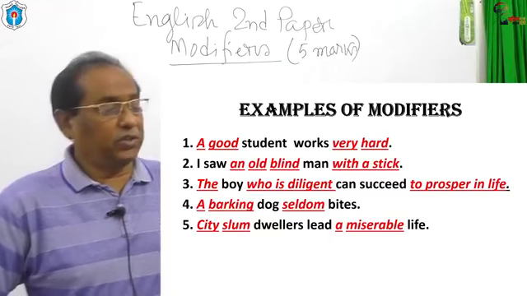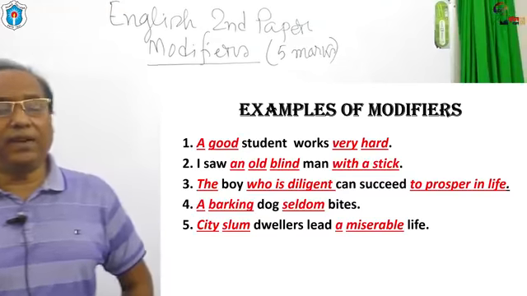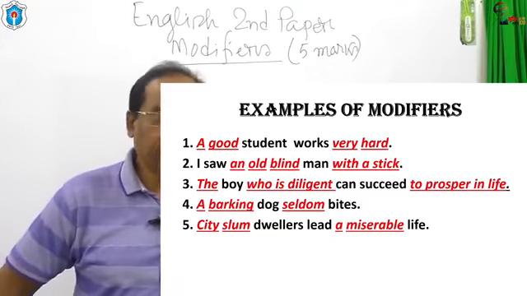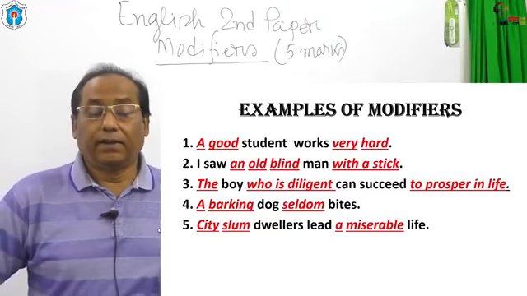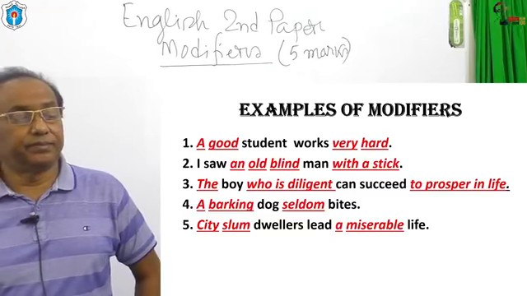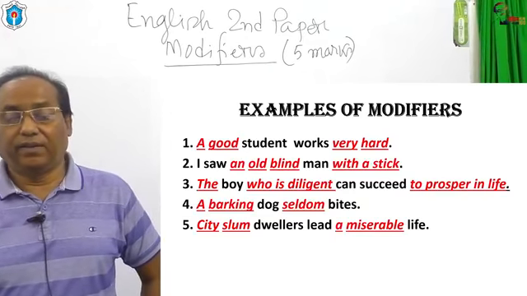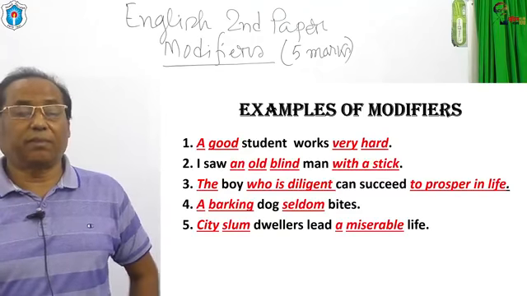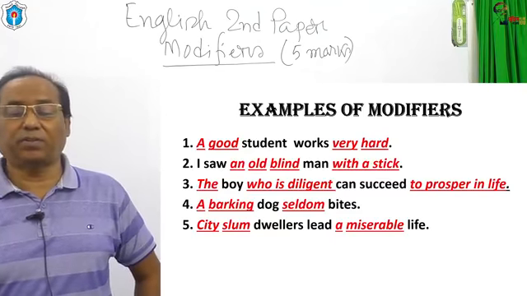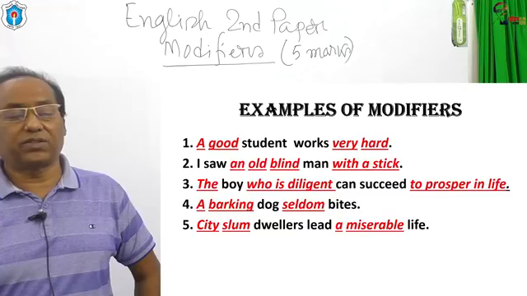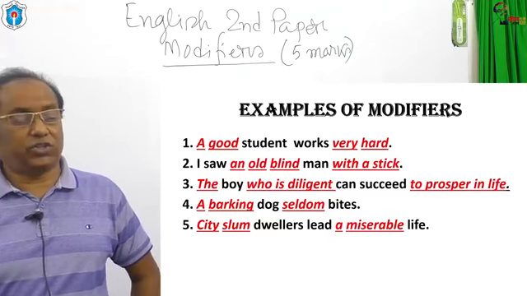Now, fourth example, "a barking dog seldom bites." Dog is a noun, it is a head word. Barking is a present participle. What is a present participle? Present participle is a kind of non-finite verb which takes ing and functions as an adjective.